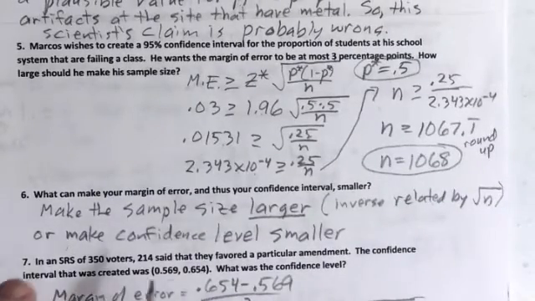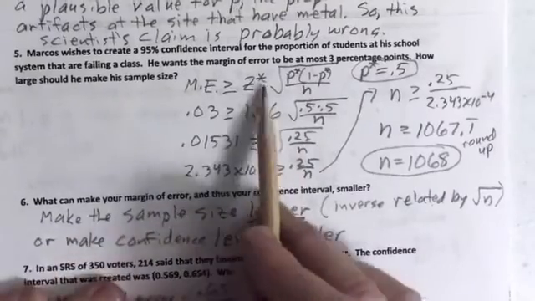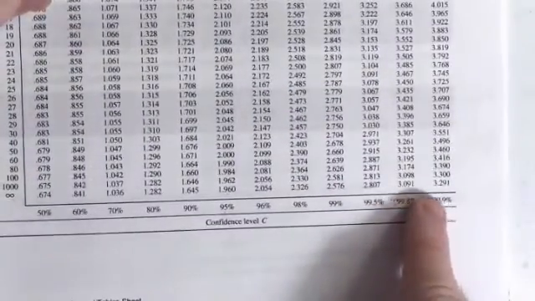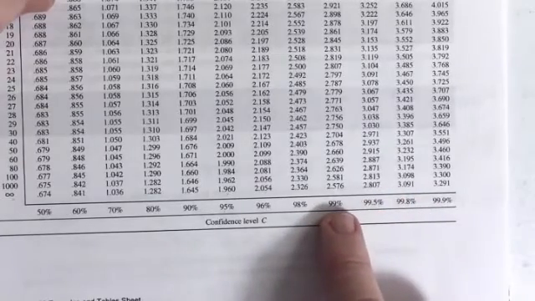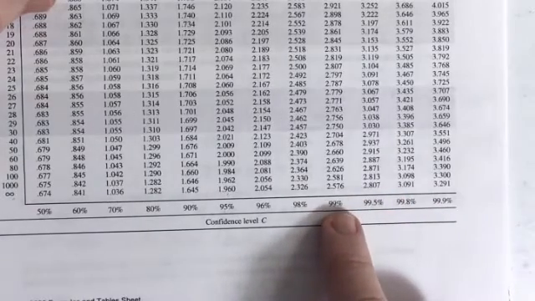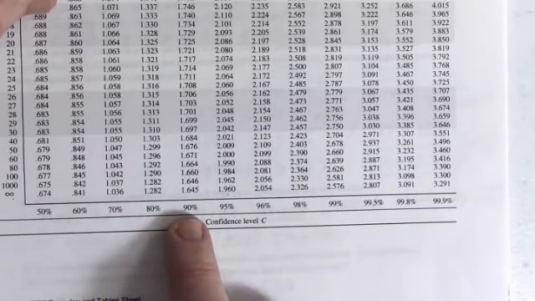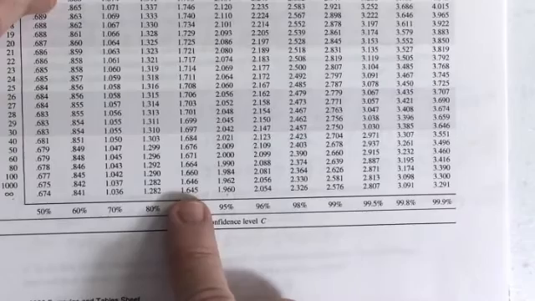The other thing you could do is change your confidence level, change your Z star, because you'll notice the bigger levels of confidence have bigger Z stars. And so that's going to make a bigger interval. So there's a trade-off there. Like with 99% confidence, your Z star is 2.576. But if you just have 90% confidence, your Z star is 1.645.